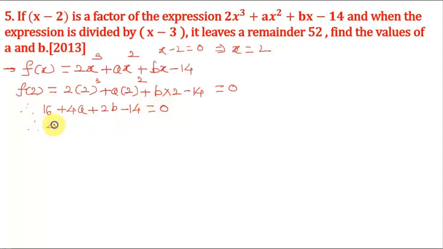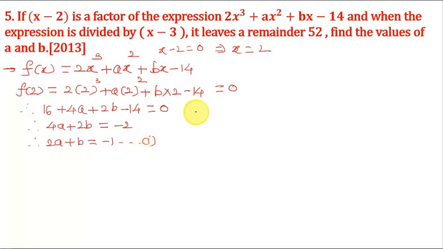And therefore here you will have 4a plus 2b, 16 minus 14 gives 2. Shift this 2 to the right hand side, it becomes minus. Dividing by 2, you will have 2a plus b is equal to minus 1. And this is the first equation.